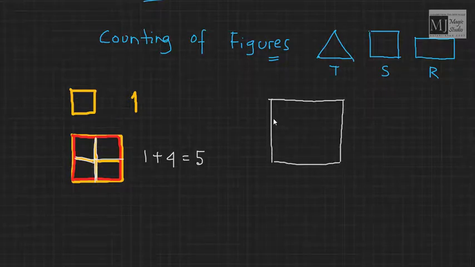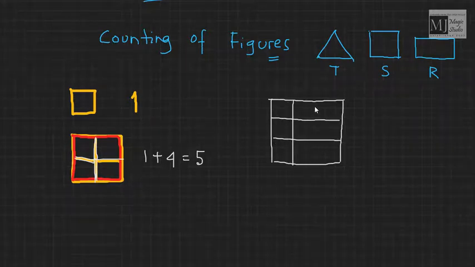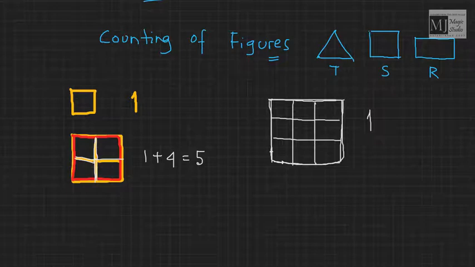Now let's take a bigger square. This time I'm going to give you a tough one. Now I have 9 small squares inside it. Anyone who can count how many squares we have in total? All sides are equal. 1 for the outer one. Then 2 into 2, 1 is a square.